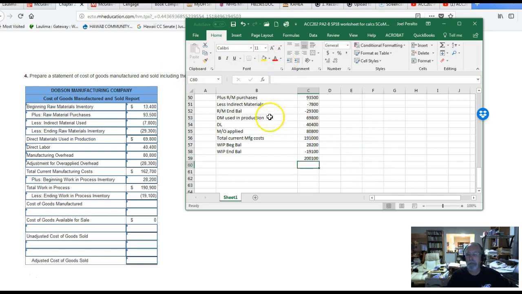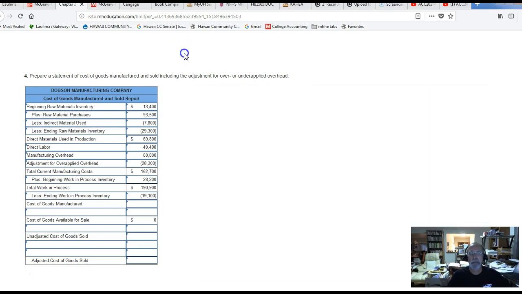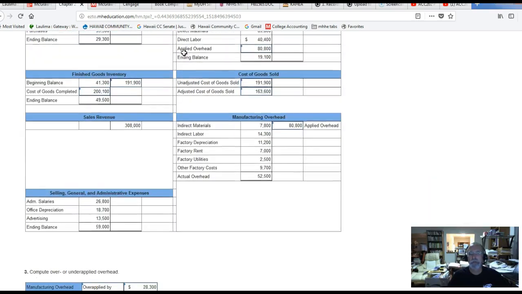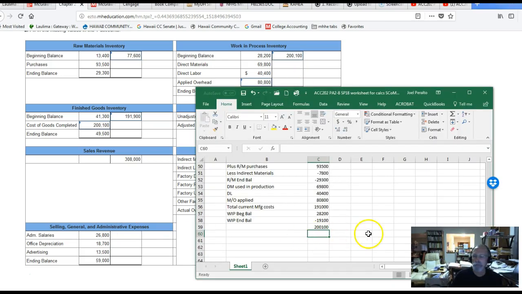Okay, and if I recall correctly, this would be the amount that shows up as cost of jobs completed in the ledger account. Cost of jobs completed. That's basically my approach to doing this statement.